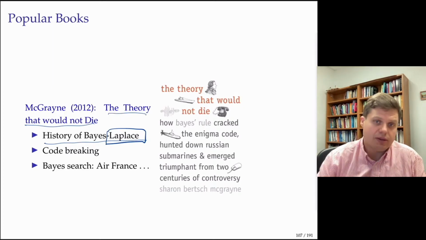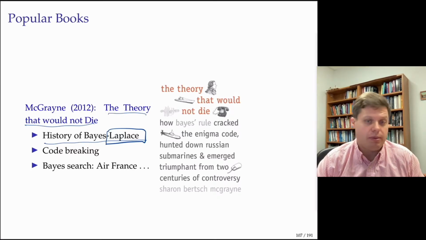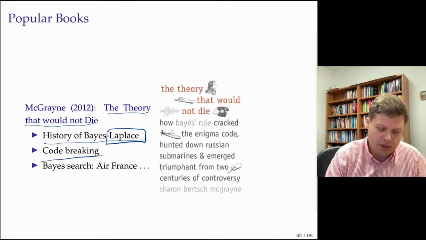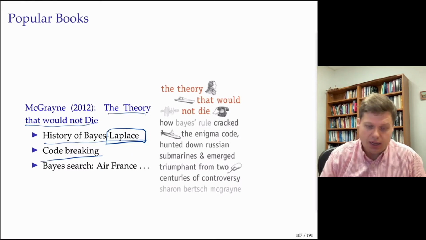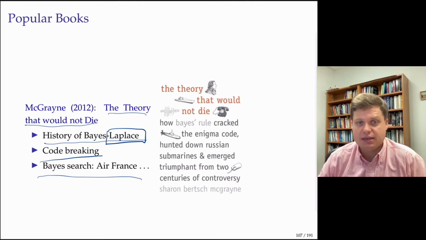And then he talked about code breaking, and there's this famous movie about Alan Turing that came out maybe 8 or 10 years ago now. So he's talking about Alan Turing and code breaking and Bayes' use there. And Bayesian search, he's talking about this Air France example.